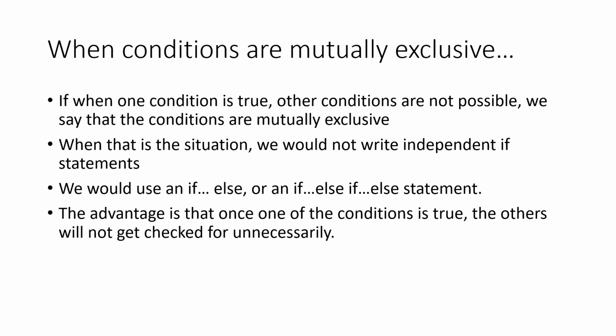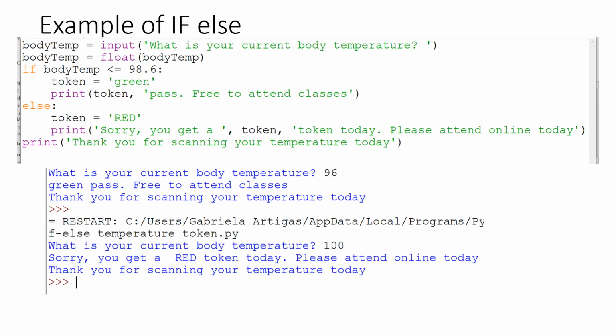The advantage of using this rather than independent if statements is that when the program executes, once the first condition is true, the others will not even be checked. This will be your next exercise in the Practice With Me lab this time.